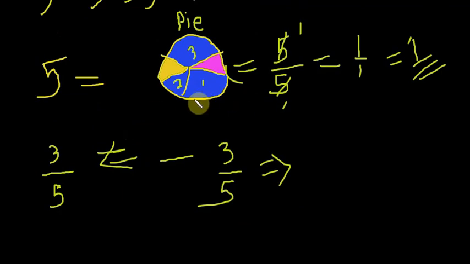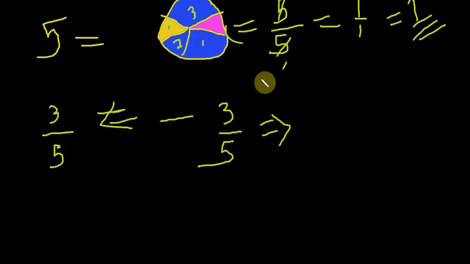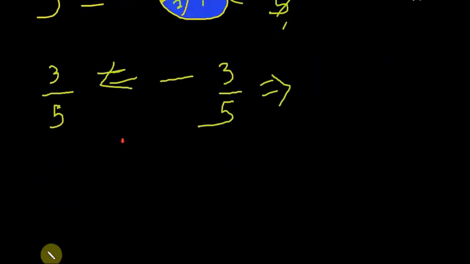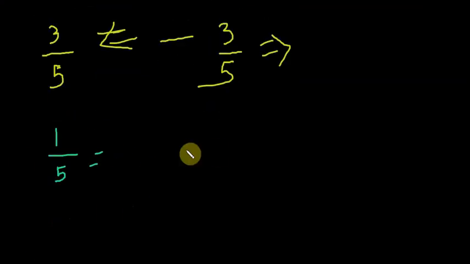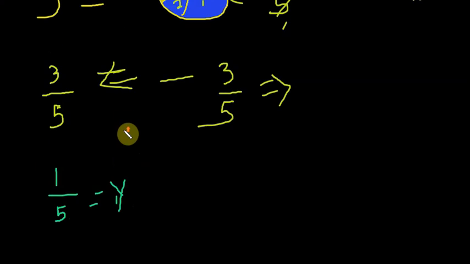You would count the yellow pieces: only 1. So out of the whole, it's 1 over 5. That's a 5 right there, don't worry, my writing today is horrible. So 1 over 5 equals yellow.